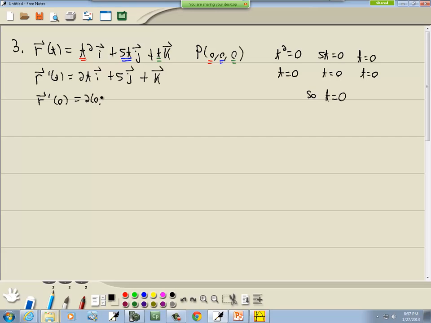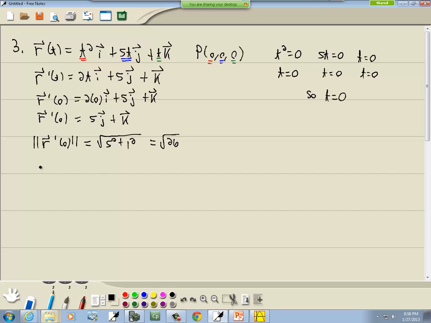And this gives me 2 times 0 i plus 5 j plus k. So that's going to equal 5 j plus k. Well, we need a magnitude, which is going to be square root of 5 squared plus 1 squared, which is square root of 26.